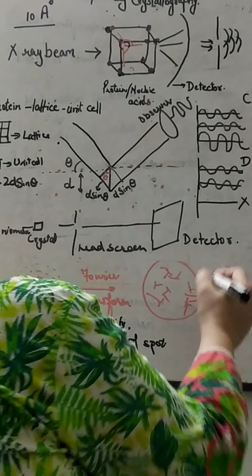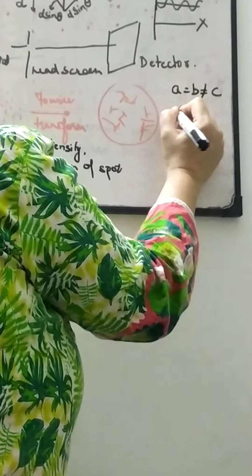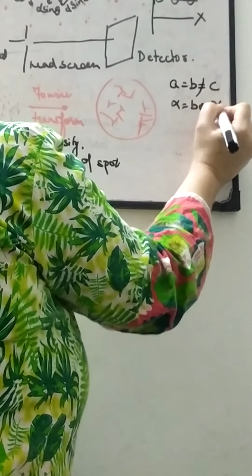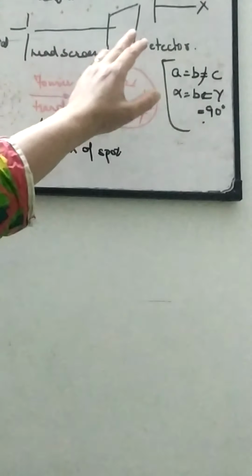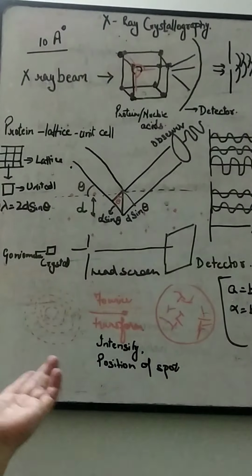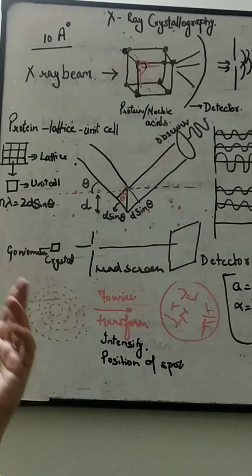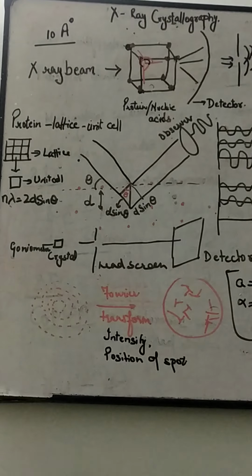For example, in some of them A is equal to B but not equal to C, alpha is equal to beta is equal to gamma is equal to 90, and so on. So this is how we define these crystals on the basis of these dimensions. They are of different types like cubic crystals, orthorhombic crystals, tetragonal crystals, monoclinic crystals, and so on.